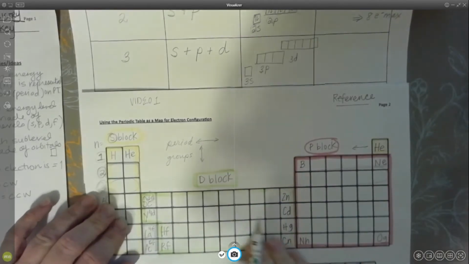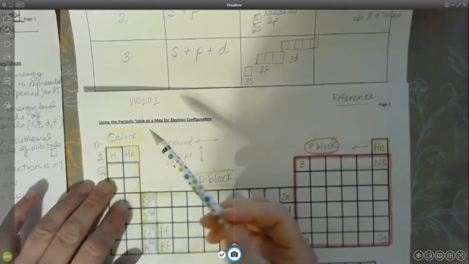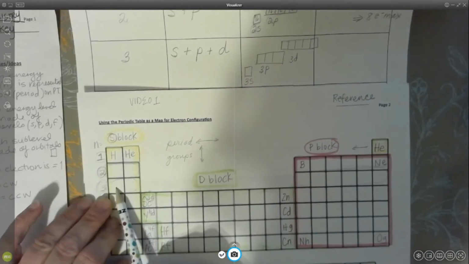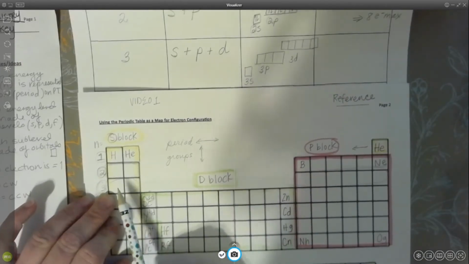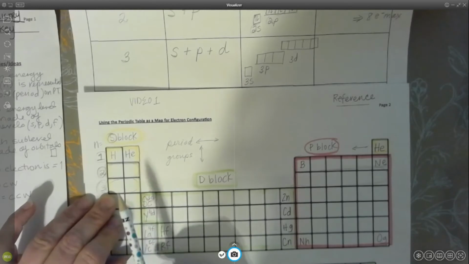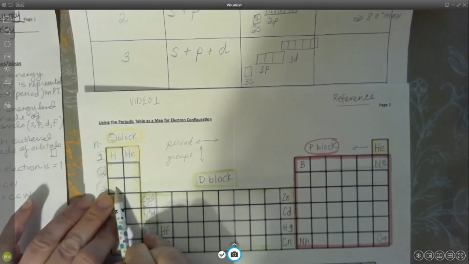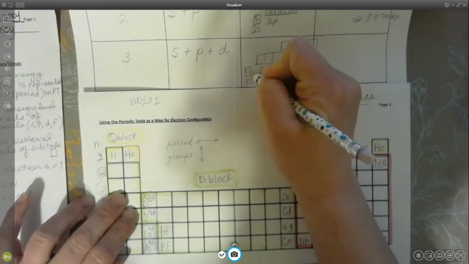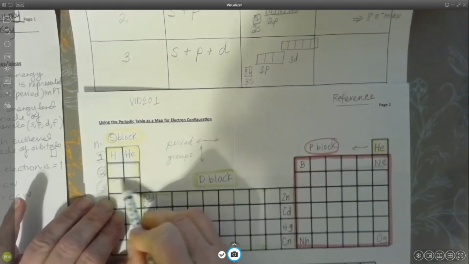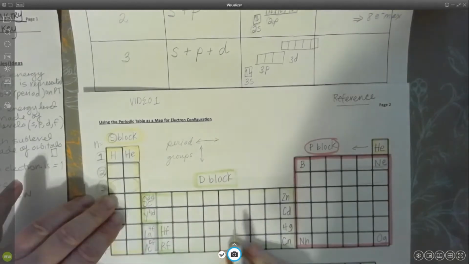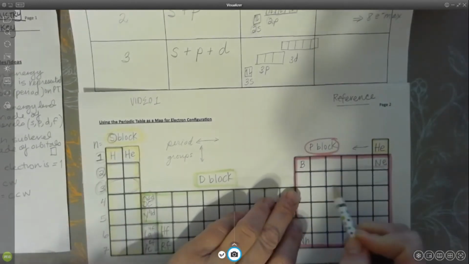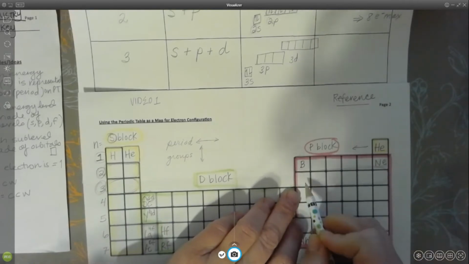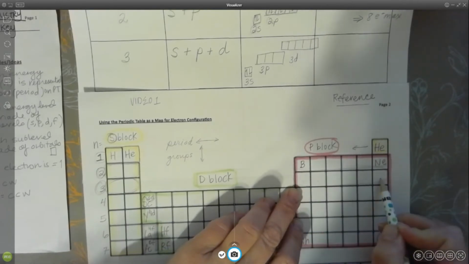Now, I'm going to show you a little trick here. The S on the periodic table is 2 columns thick. That's because it accounts for 1 electron and 2 electrons. And since the S area can only hold up to 2 electrons, it can only be 2 thick. The P is 6 columns thick, 1, 2, 3, 4, 5, 6.